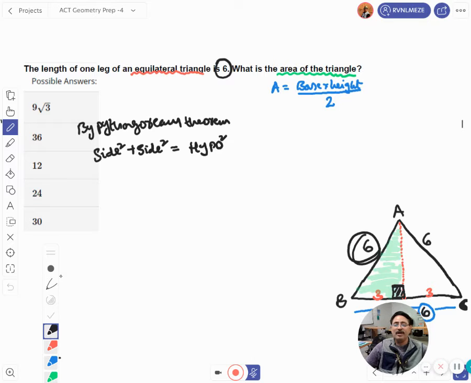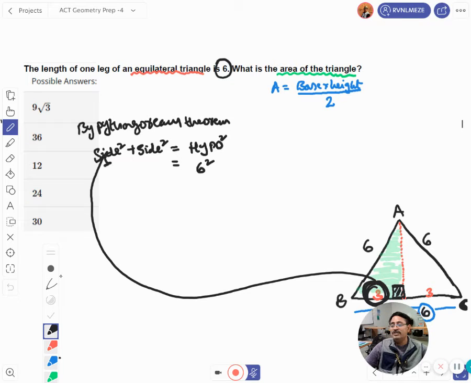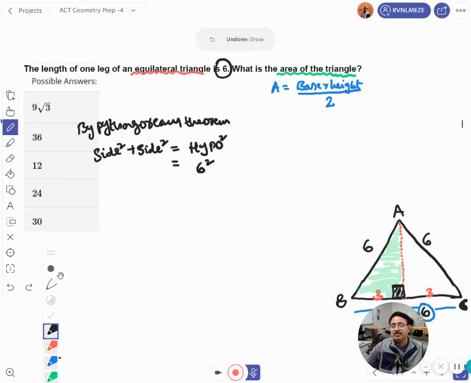Please notice that this is the hypotenuse that goes here. Therefore, let me take 6 square here, and one of the sides is not 6 units, it is 3 units. It goes here. So this one is 3 square, and what is the value of this one?